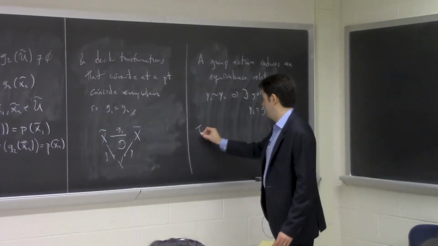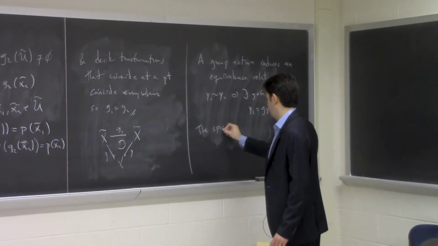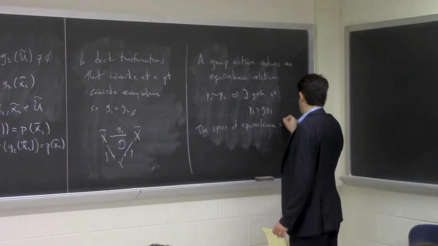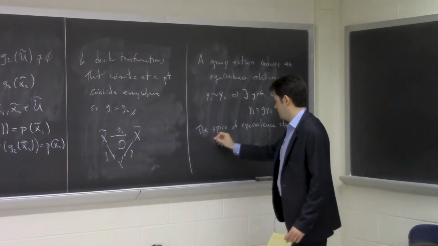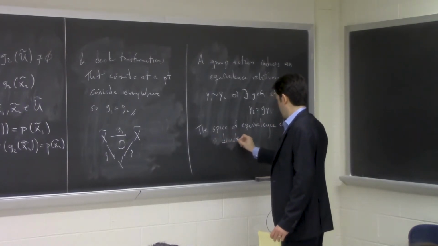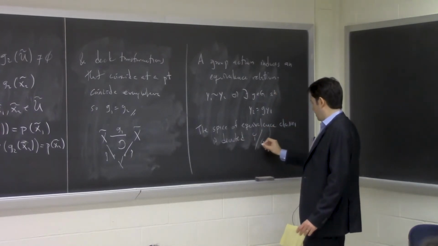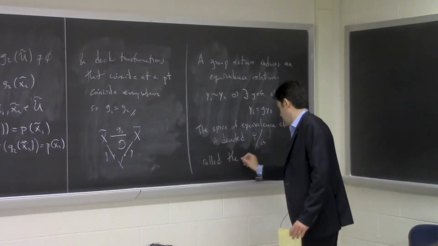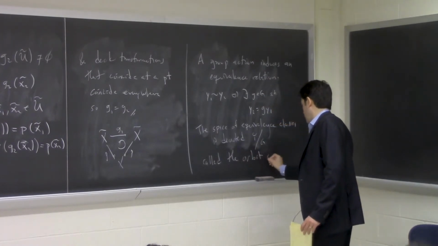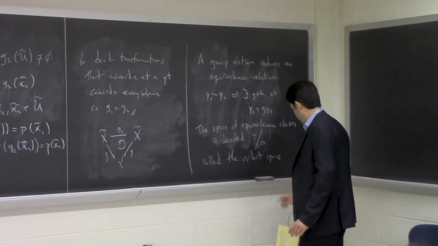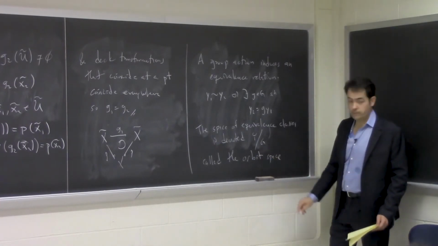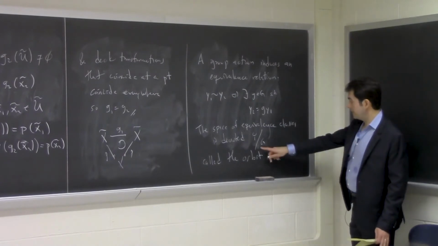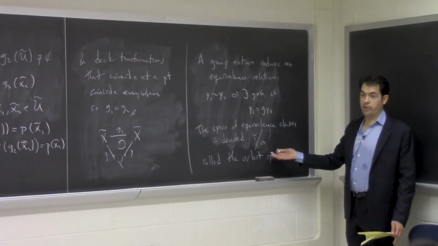So the space of equivalence classes is denoted Y mod out by G and called the orbit space. As usual, we endow it with the quotient topology.